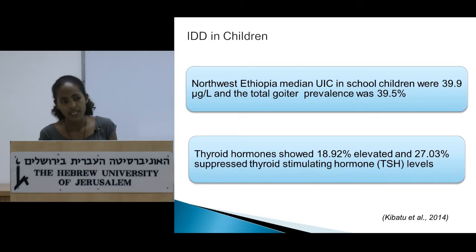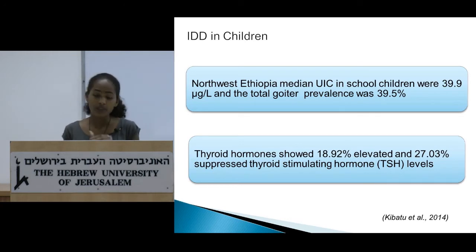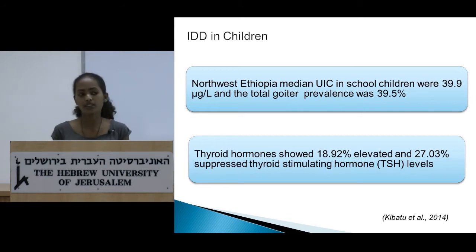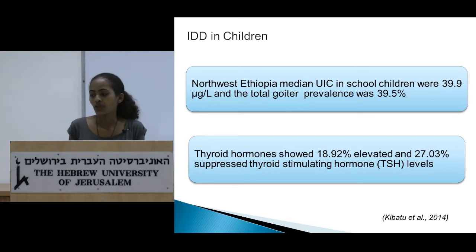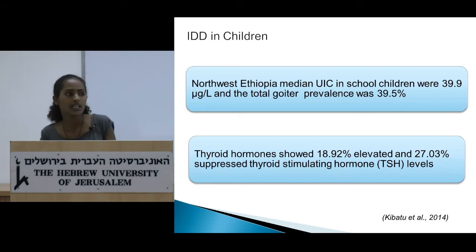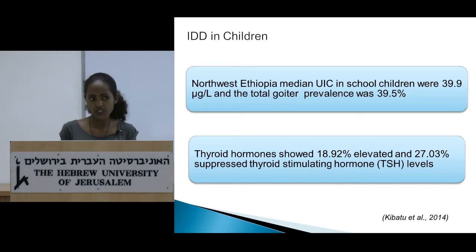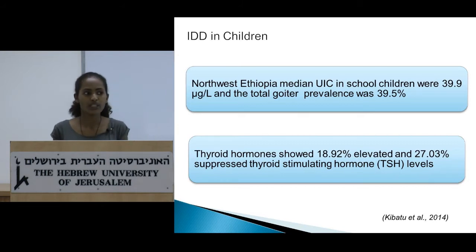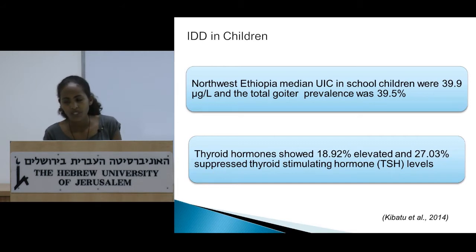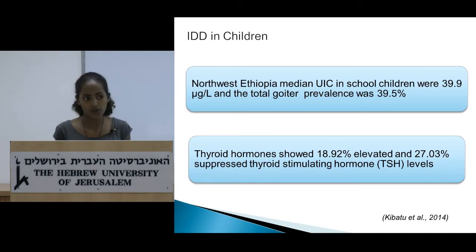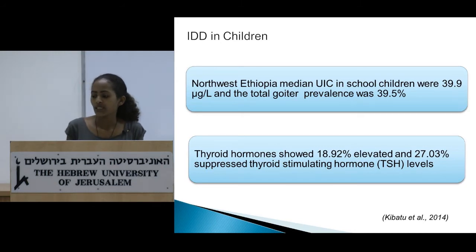That means hyperthyroidism. Hyperthyroidism, most of the time, is due to high intake of iodine. So this study is a very recent study, and in Ethiopia, salt iodization started in 2010. So it could be the reason for the increment of iodine intake or the hyperthyroidism in the children.